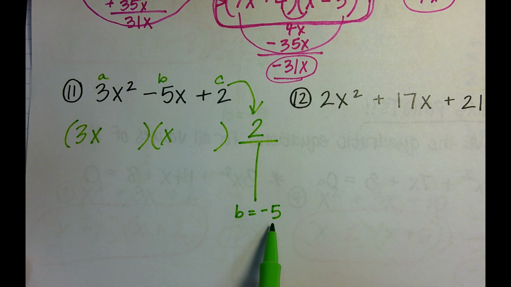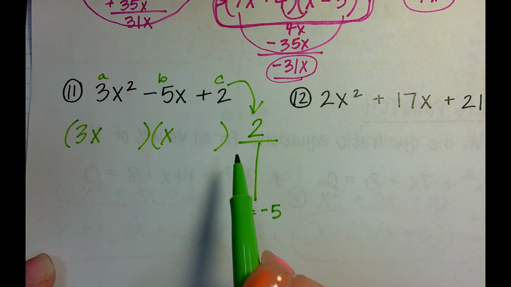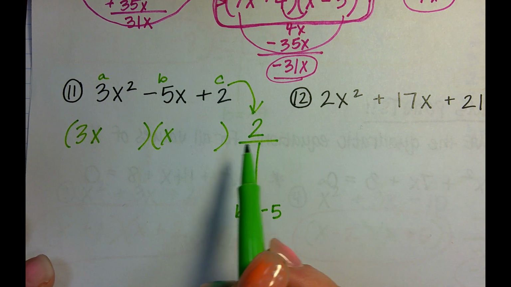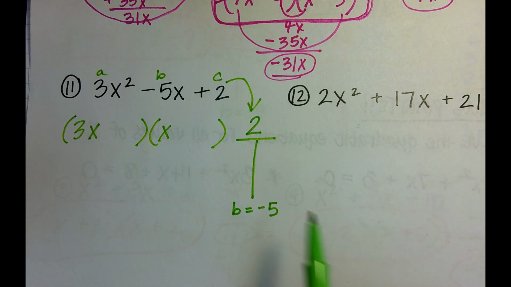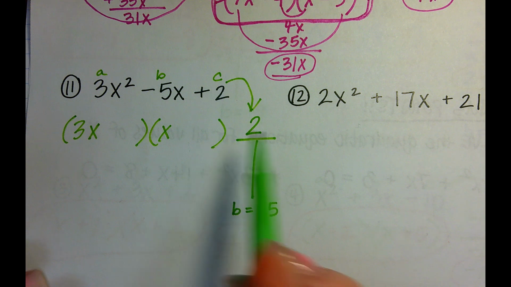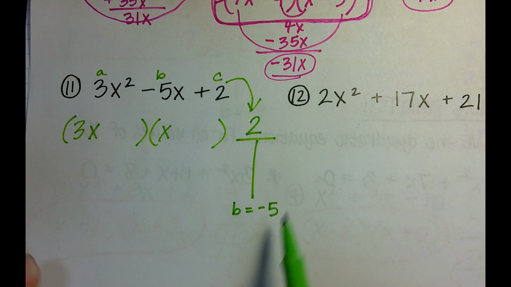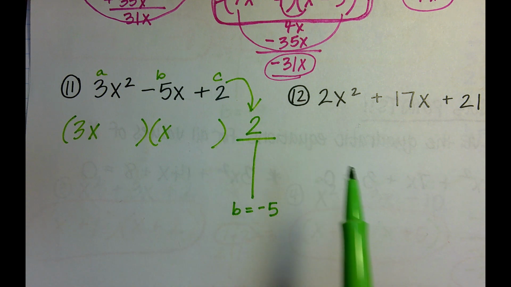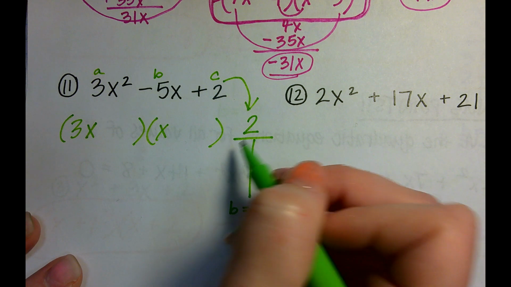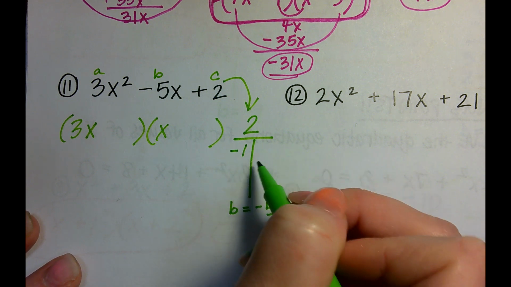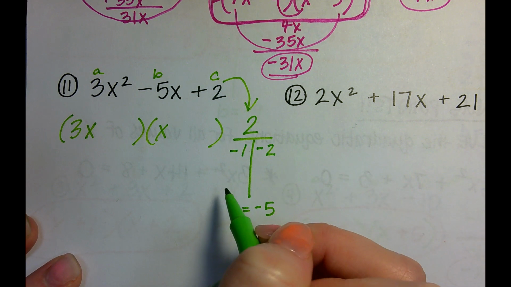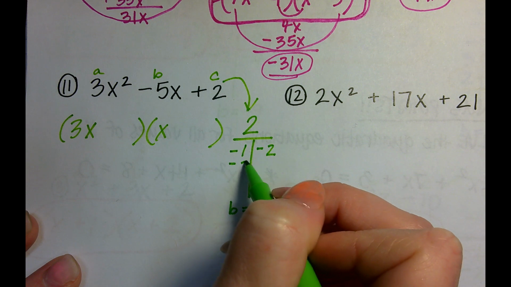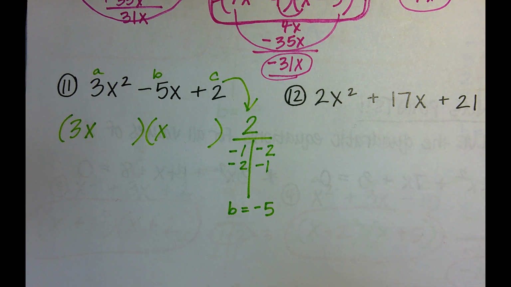So we need to make sure that we choose 2 negative numbers, because 2 positive numbers will never add up to a negative number. 2 negative numbers will add up to a negative number, and they multiply to a positive, so it works for both. So our only options are negative 1 times negative 2 and negative 2 times negative 1.